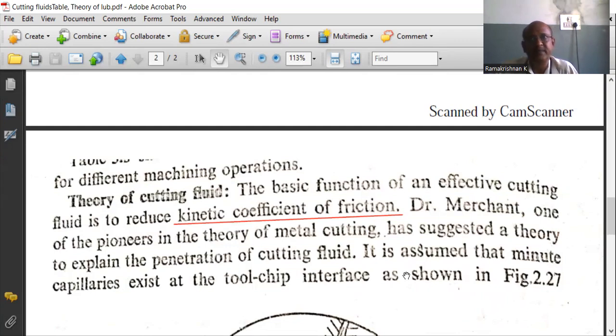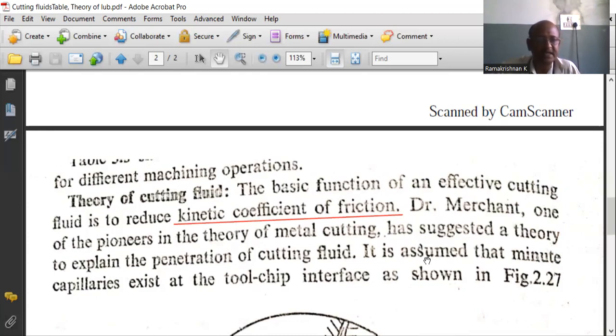Here, the pioneer of the theory of metal cutting, Dr. Merchant, developed a wonderful theory for the penetration of the cutting fluid during the machining operations. He suggested a theory for metal cutting, and also suggested a theory for the cutting fluid.